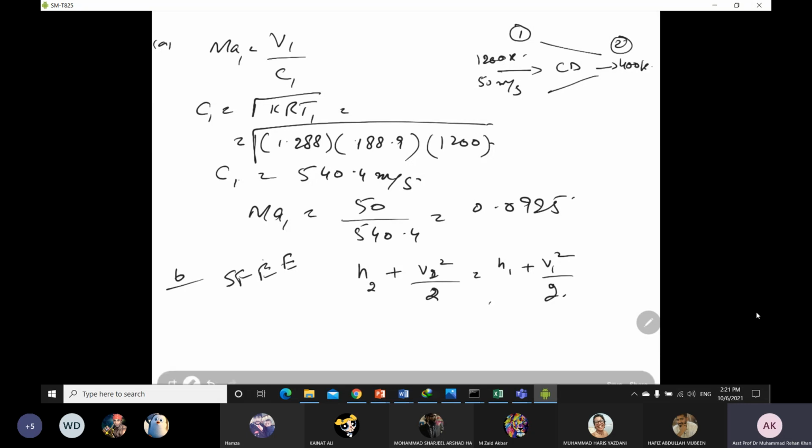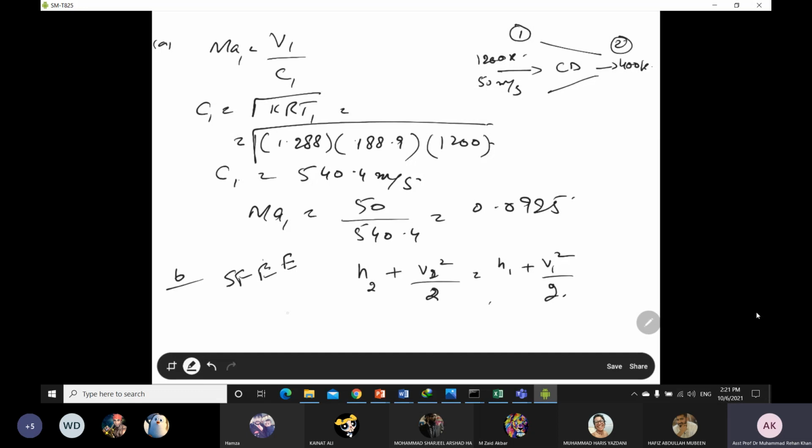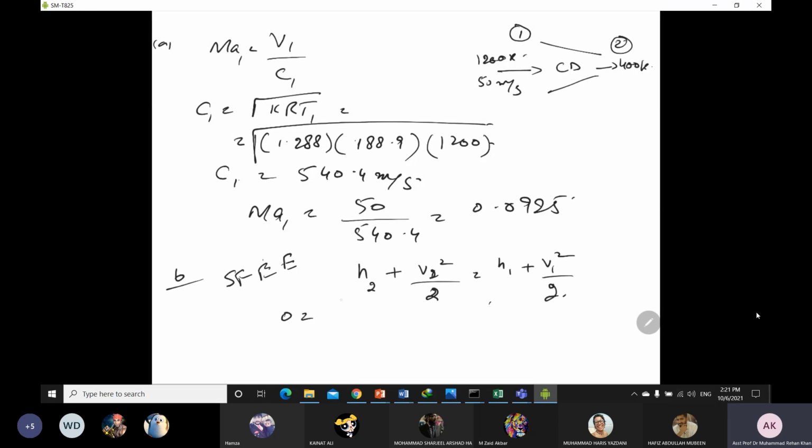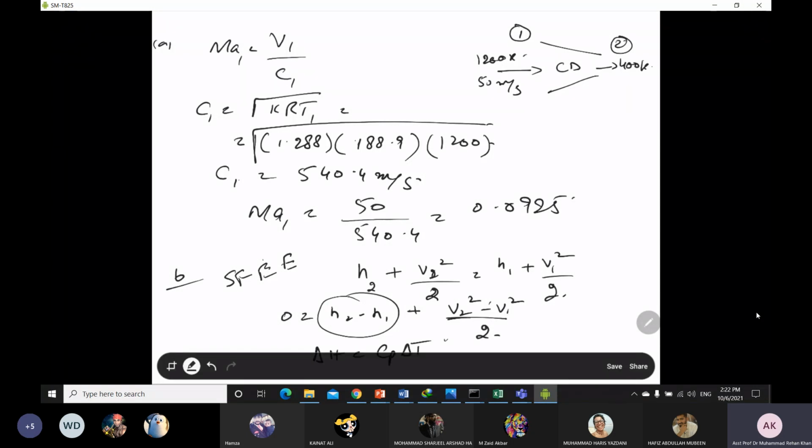If we simplify it, it will be 0 equals H2 minus H1 plus (V2 square minus V1 square) divided by 2. H2 minus H1 we can write as delta H, which is equal to Cp delta T. So now we can replace H2 minus H1 with Cp delta T.